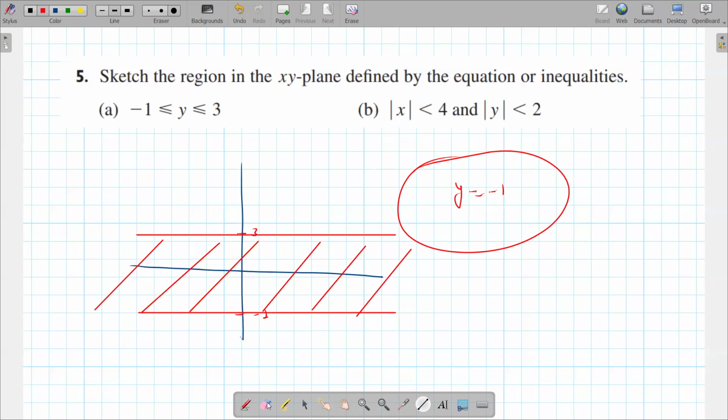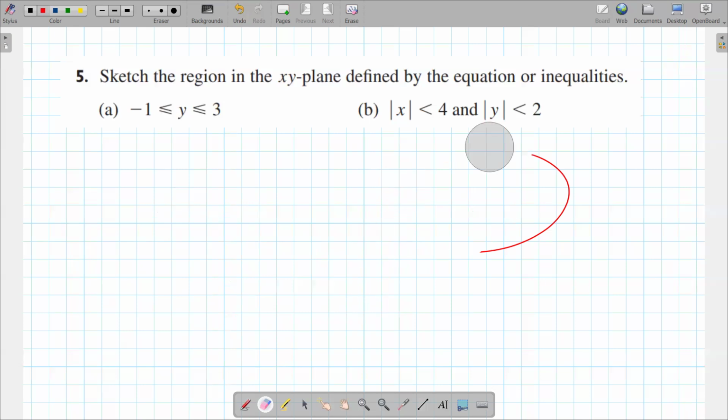B is tricky. So let's see B. Because now we have multiple conditions. So we need the absolute value of x to be less than 4. Let's focus on one thing at a time. Absolute value of x less than 4. So what are the values of x that it can take?